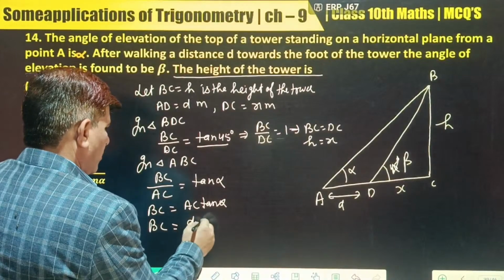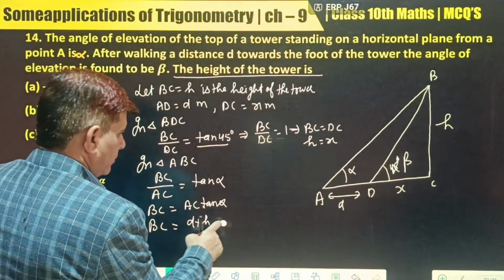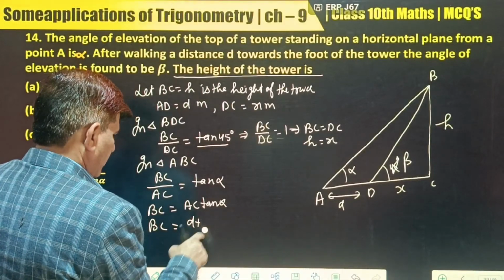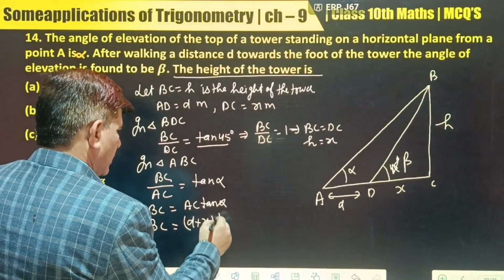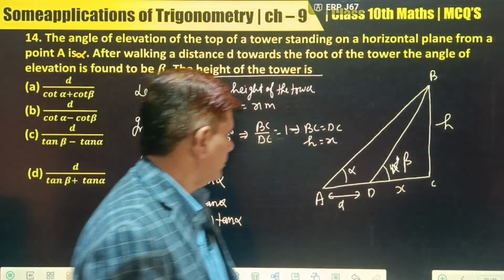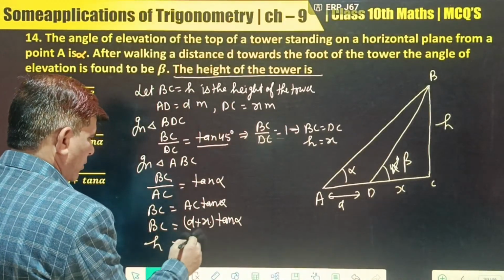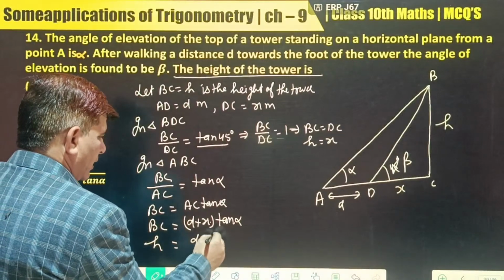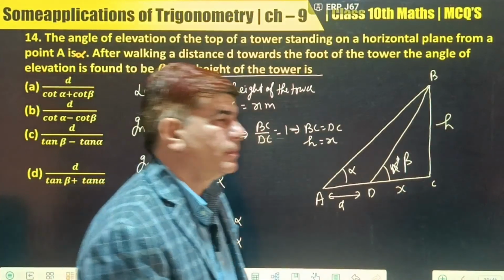So D plus X, where AD is D. And this is tangent alpha. So BC equals H equals D plus X into tangent alpha.